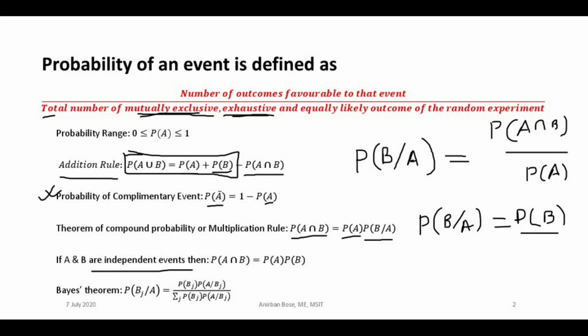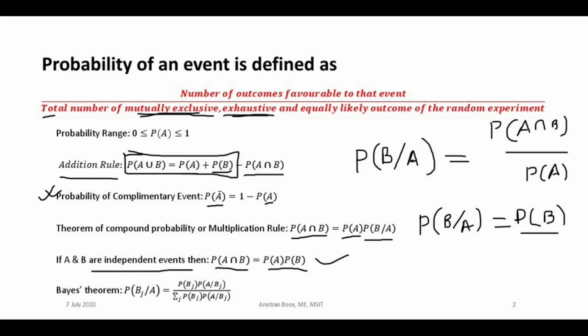Whether A has occurred or has not occurred, it will remain the same. That means the occurrence of B is independent of the occurrence of A. So in case of independent events, probability of A intersection B is equal to probability of A into probability of B, and that is very obvious from this expression. You just put this as probability of B and you will get this.